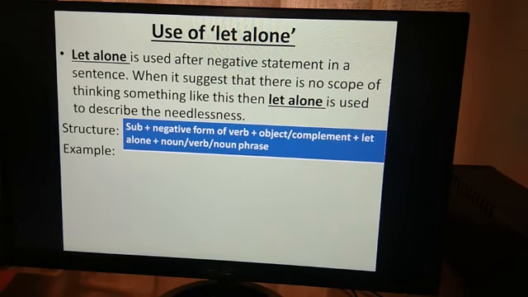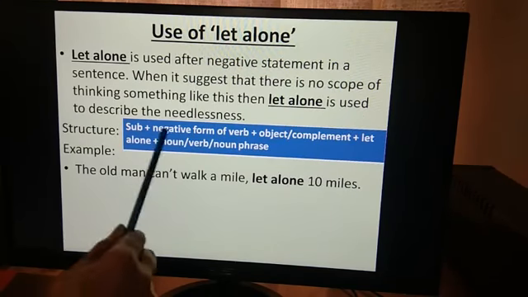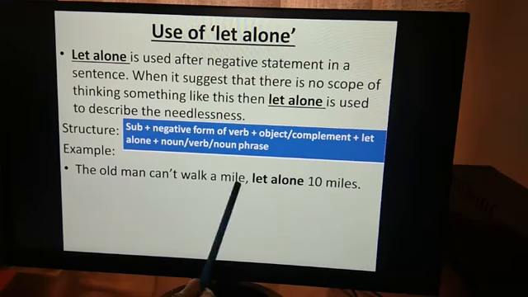Okay. So according to the structure, how does the example come? The old man, subject, cannot, negative form of verb, walk a mile, object or complement. The old man cannot walk a mile, let alone. Here comes the noun, verb or noun phrase, 10 miles.